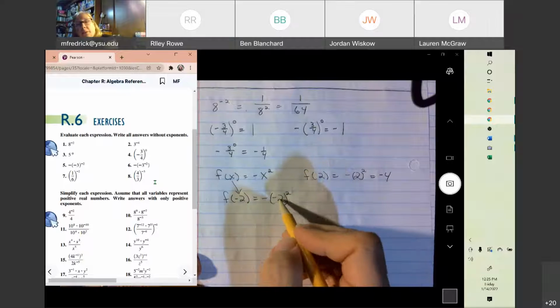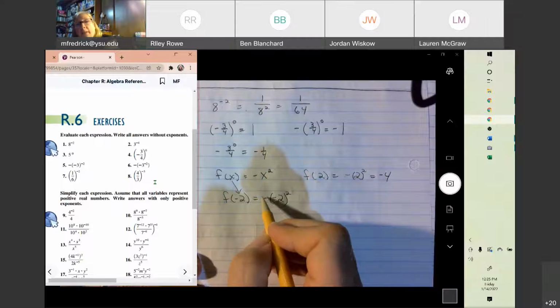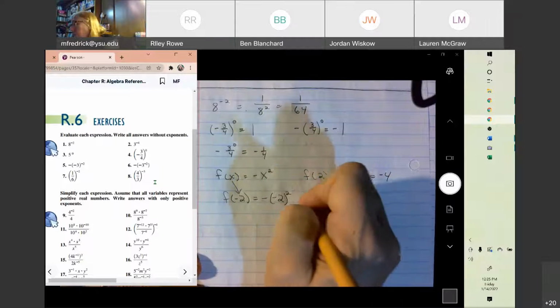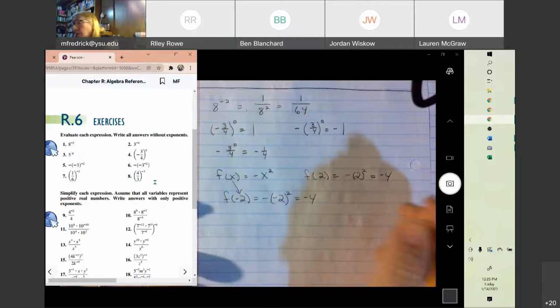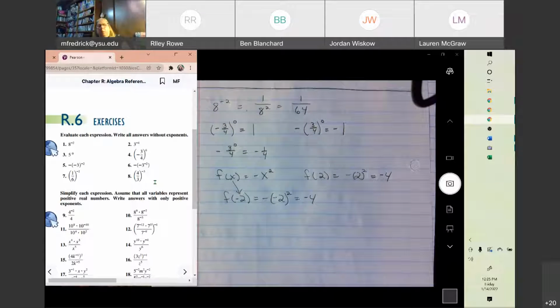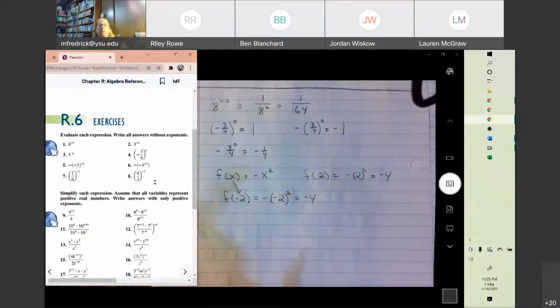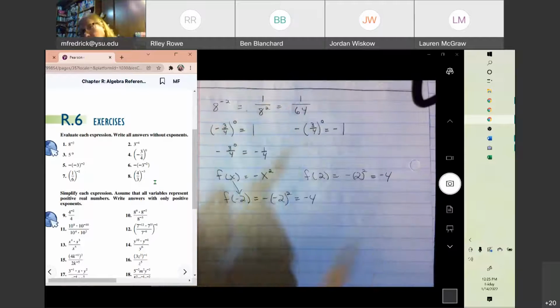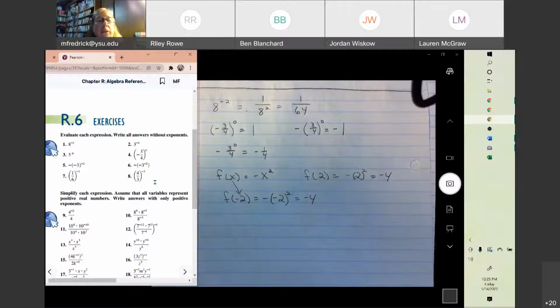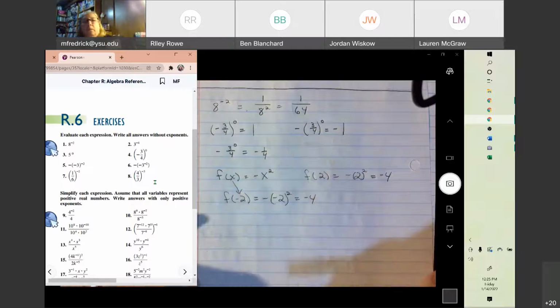So negative 2 squared is 4, and this makes it negative. The biggest mistakes I see when I have this is these, because it's not that you don't understand the problem, it's just the way you're plugging it in. So every time you go to plug in, put parentheses and then remember your rules. Any questions on that?